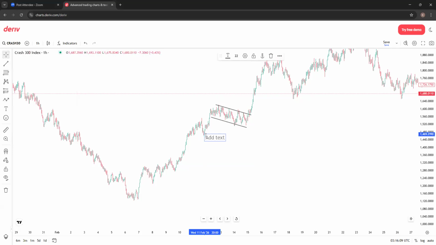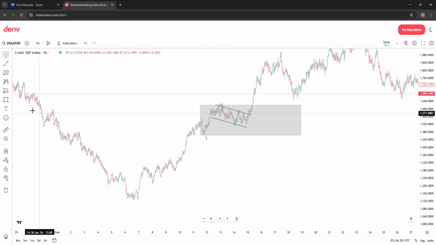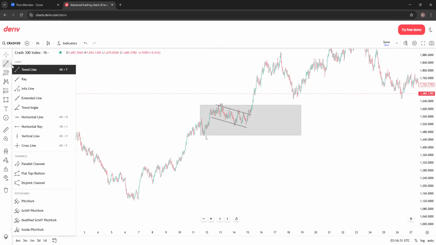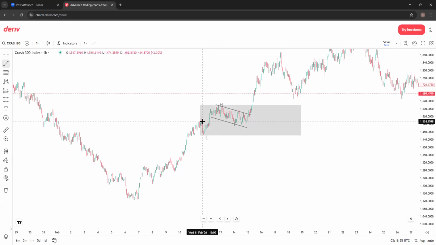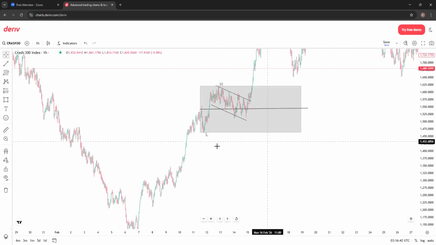With this low over here, and with this high that we have over here. If we want to mark our premium and discount levels, what we are going to see is our 50% was somewhere here, which separated our premium and discount levels.